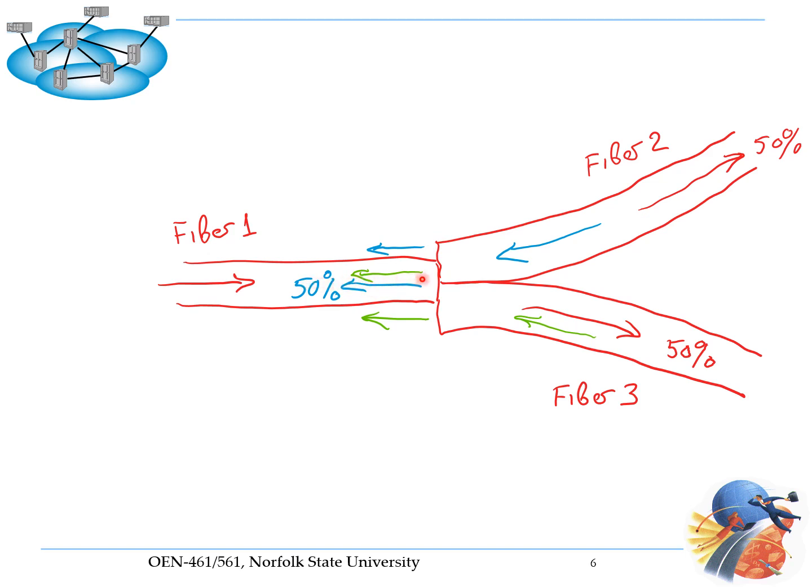Now, as for the light, 50% will continue when we start from the left, from fiber 1, and follow this red arrow. 50% will continue to fiber 2 and 50% will continue to fiber 3. Now, when we go in the opposite direction, for example, let's follow this blue arrow starting in fiber 2. When it reaches fiber 1, 50% will go inside the fiber and 50% will just be lost. And the same happens when we launch light to fiber 3, green arrow.